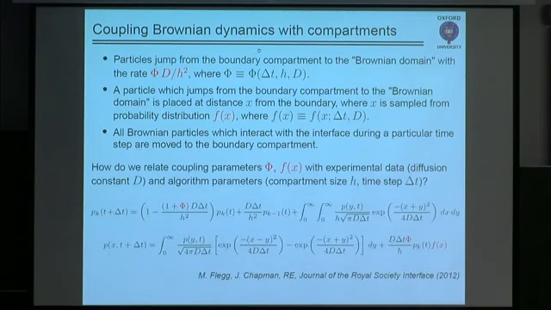So I put them here. This will be an equation for the probability of a particle to be found in the last compartment. I denote this compartment K, so it's the probability to find the particle in the K compartment. This part comes from the compartment-based jumping, the lattice-based jumping, which is a standard master equation.